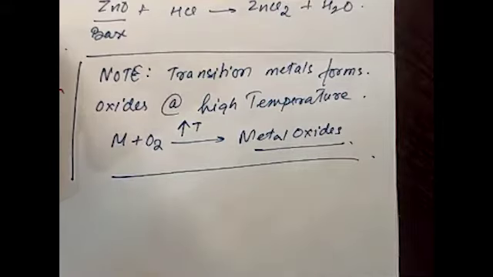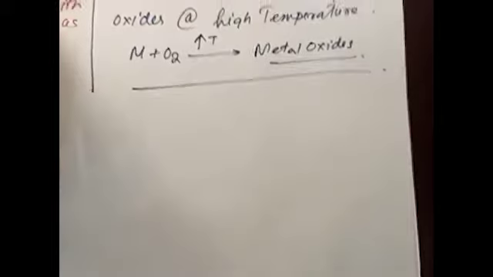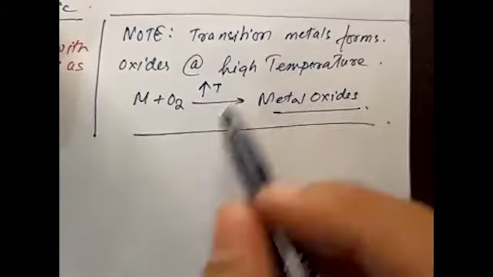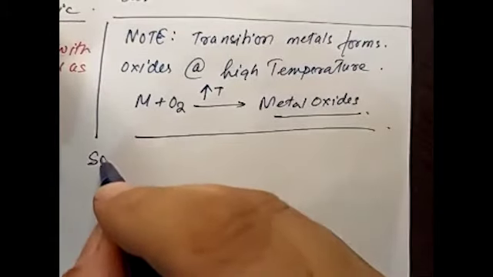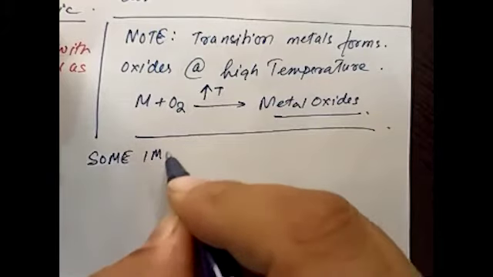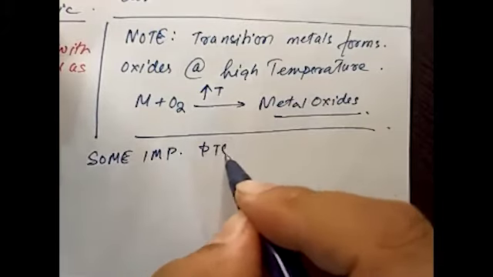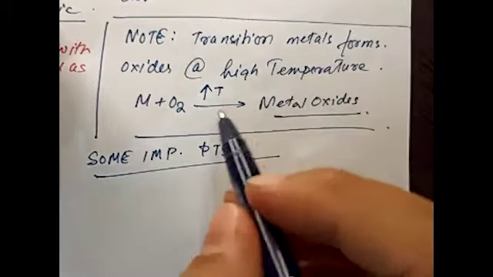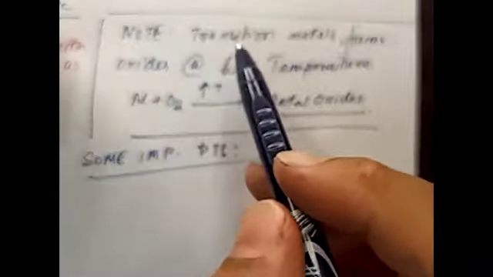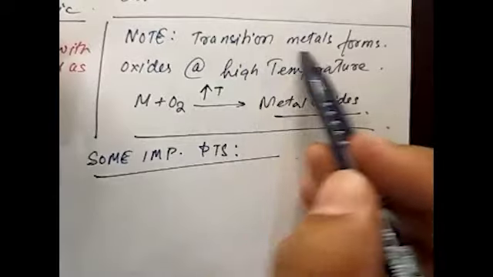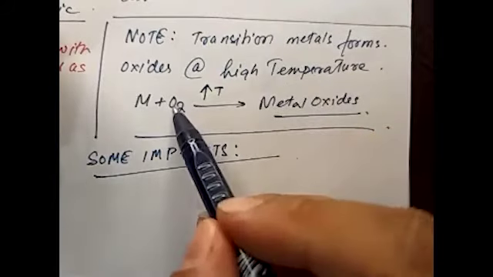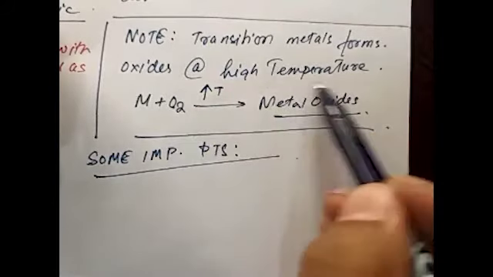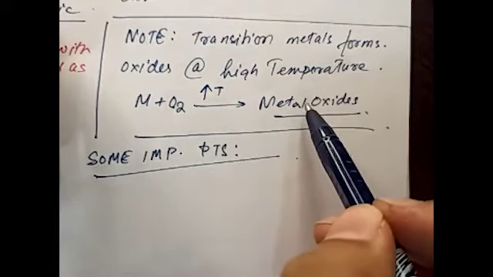So for mostly all the oxides of transition elements, some important points you'll write. Mostly all the transition metals, when they form a bond with oxygen, form metallic oxides. That's good enough, but it is mostly ionic in nature.